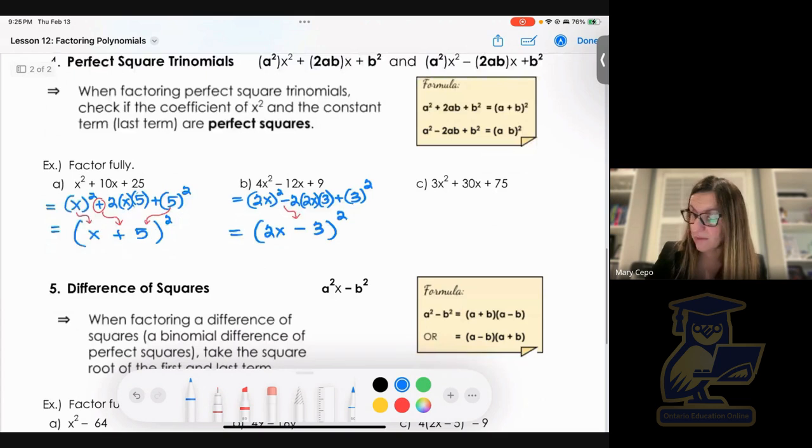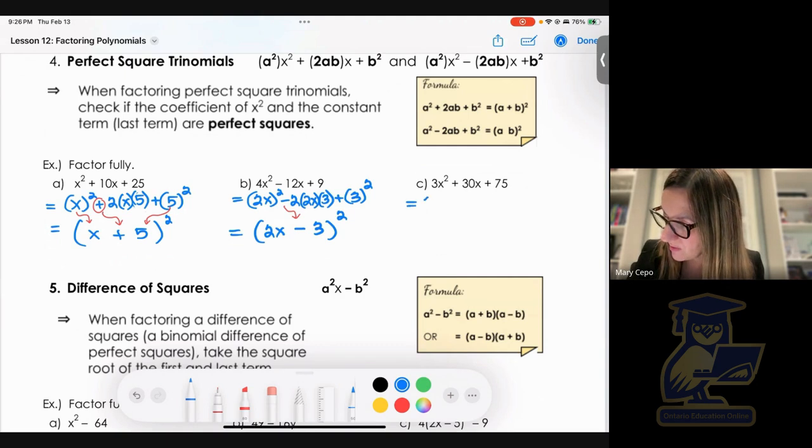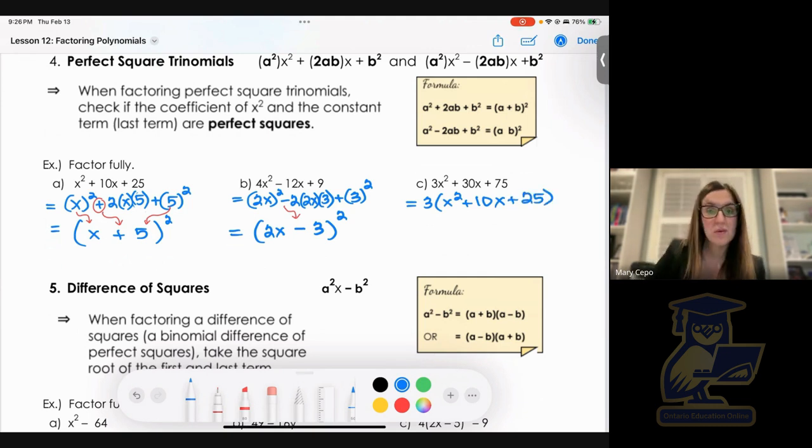Okay, again, anything we do when we factor, always look for a common factor first. So looking at 3x squared plus 30x plus 75, we do have a common factor of 3. x squared plus 10x plus 25. Okay, with that in mind, we now check to see, do we have a perfect square trinomial? Let's see. Is this x all squared?